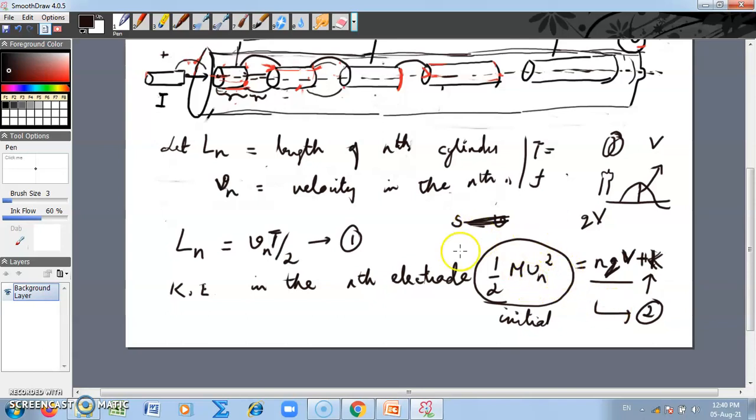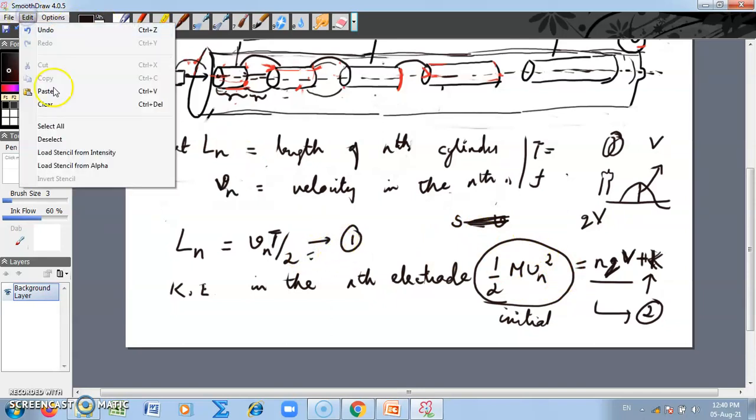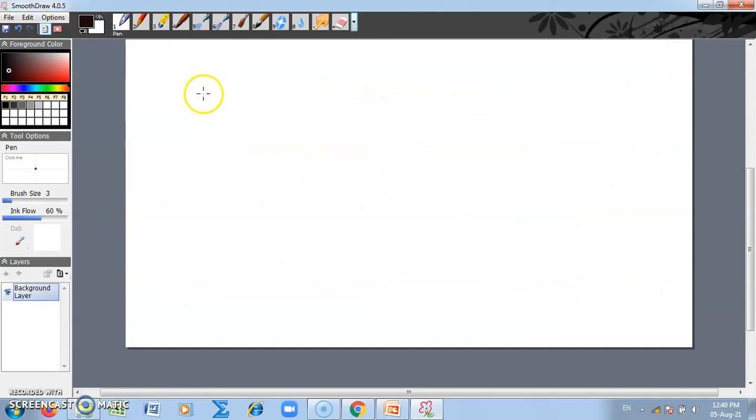So what we get is, we had Ln equal to, from equation 1, Vn multiplied by T by 2, which can be written as Vn divided by 2f, because frequency is the inverse of the time period.